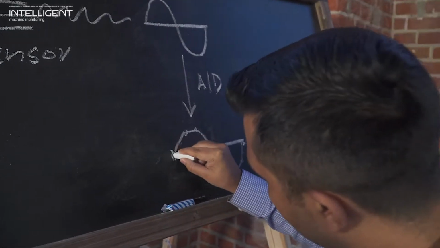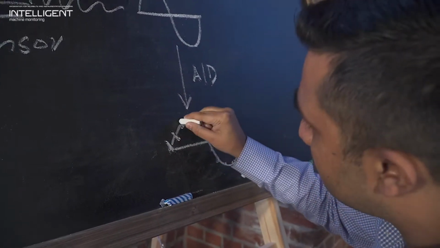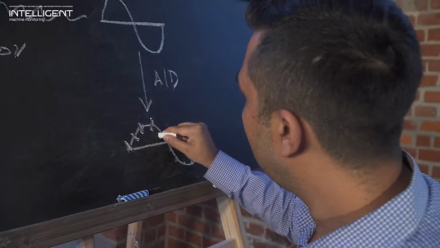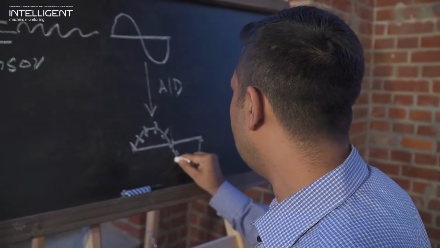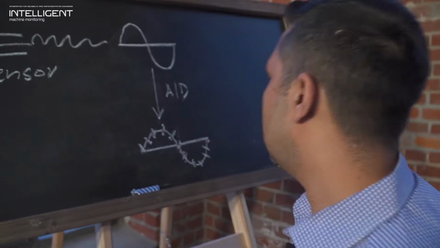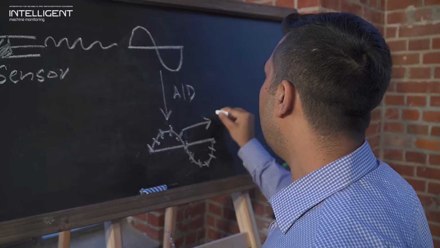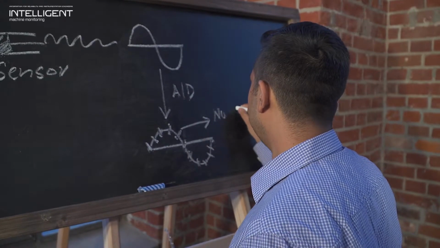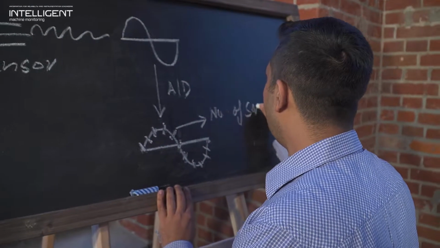So maybe if it is clear, these are the dots which we join to reconstruct the analog signal. And these dots are called samples, or number of samples.